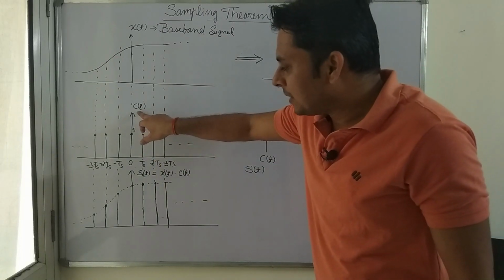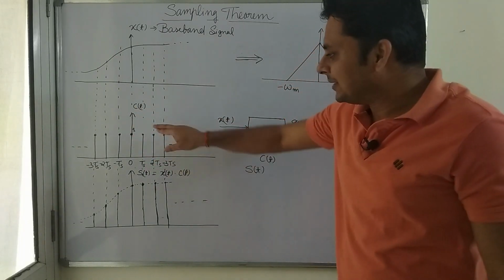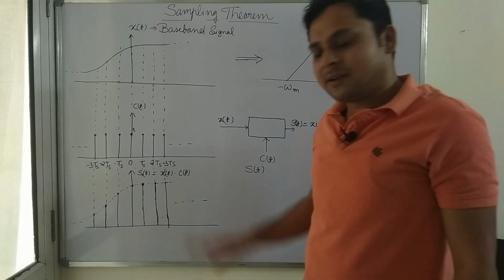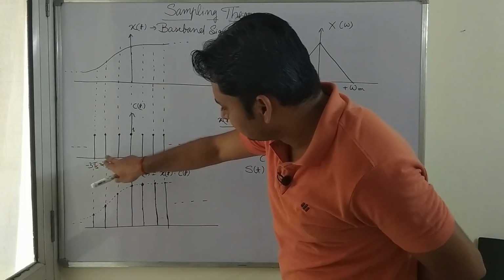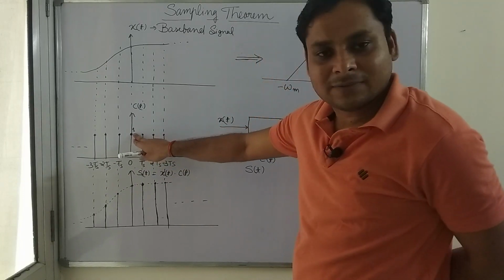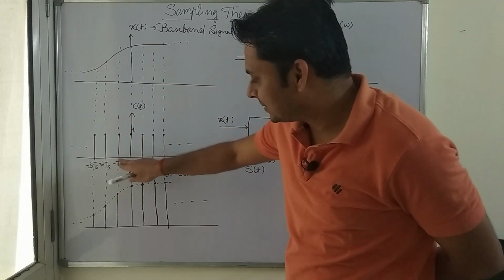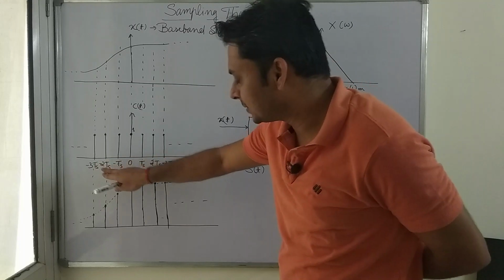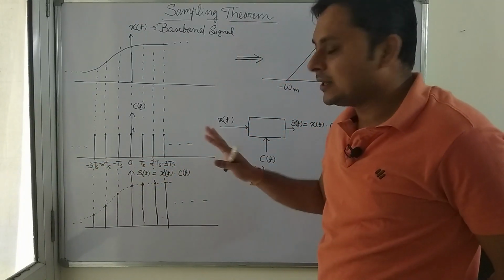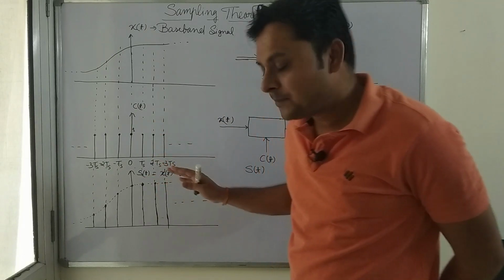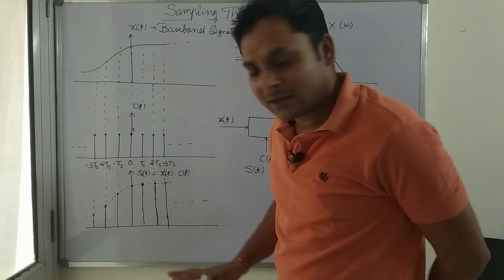This signal is multiplied with it. The value of c(t) is 1 at these points: 0, minus Ts, minus 2Ts, and so on, where Ts is the sampling time interval. Ts, 2Ts, got it?